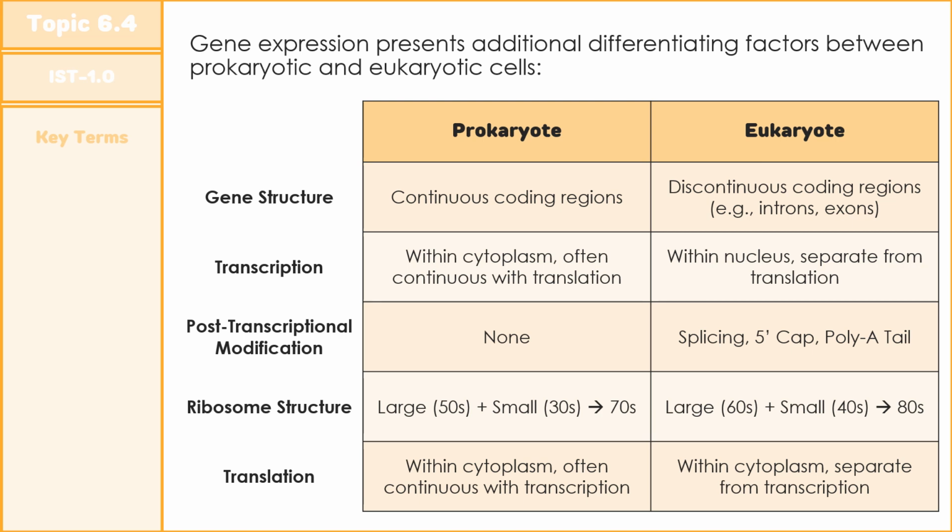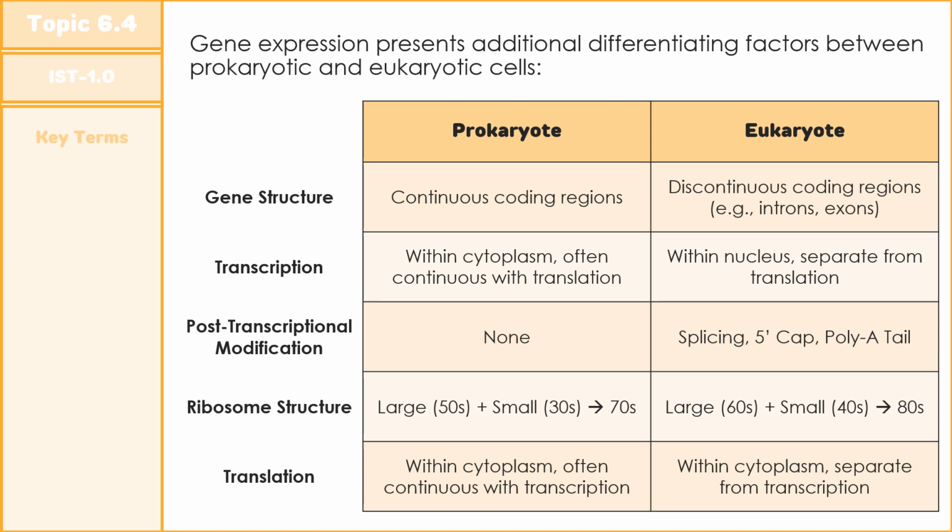First off, when we compare the gene structure of these two types of cells, we can recognize that prokaryotes don't need any additional processing once we create those mRNA products. So we have very continuous coding regions. There are no interruptions, whereas eukaryotic cells are discontinuous. They contain those interrupting sequences or introns that have to be taken out before we can splice everything back together.